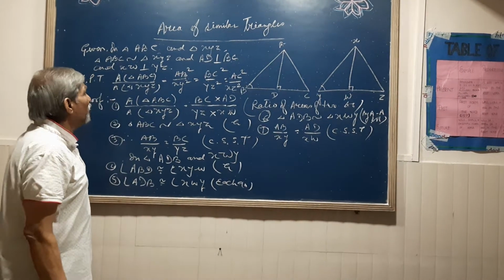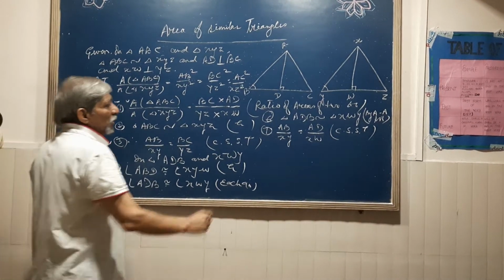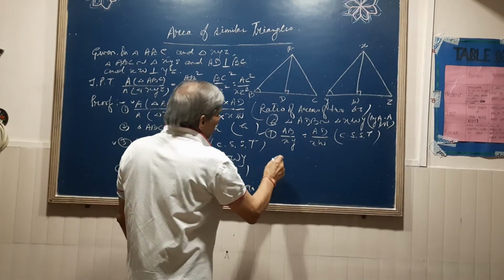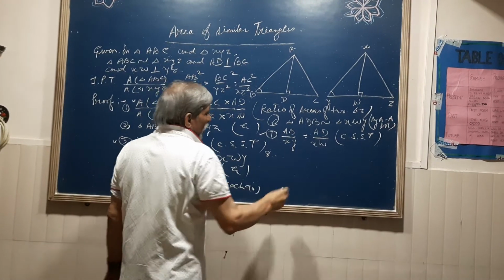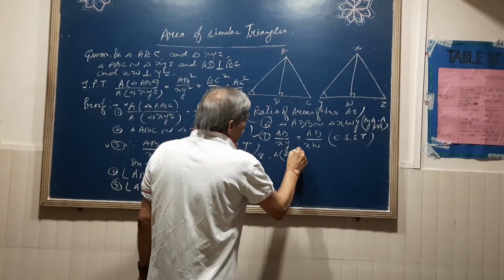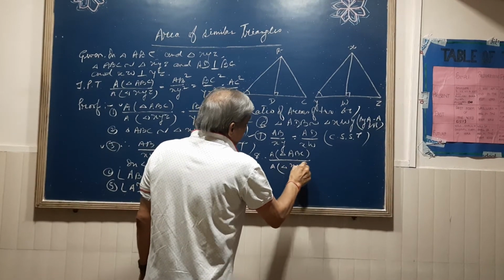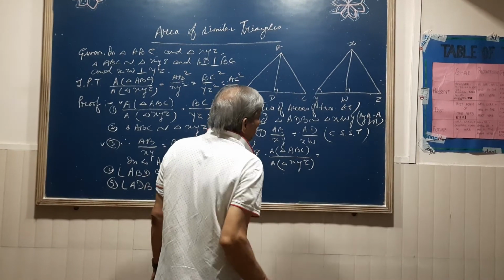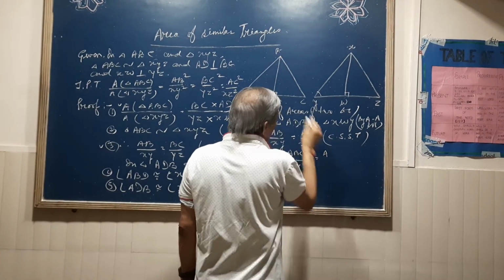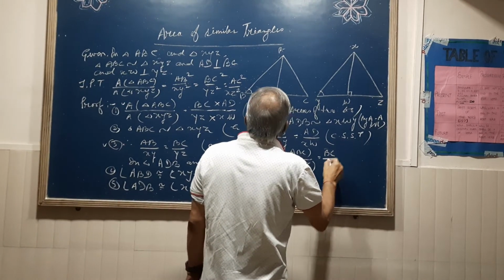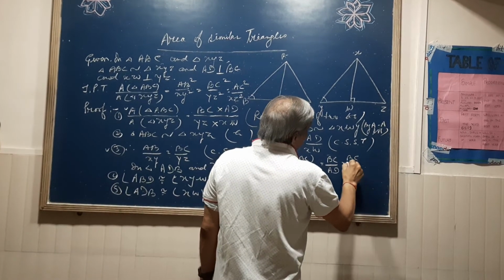Now, if you equate equation number 1, equation number 3, and equation number 7, therefore, area of triangle ABC upon area of triangle XYZ is equal to BC into AD upon YZ into XW.